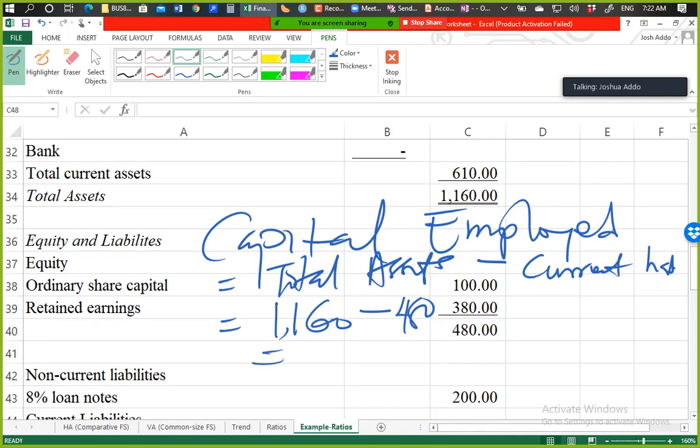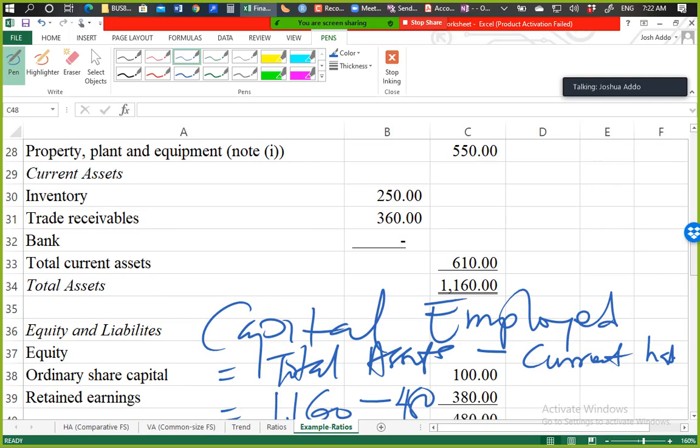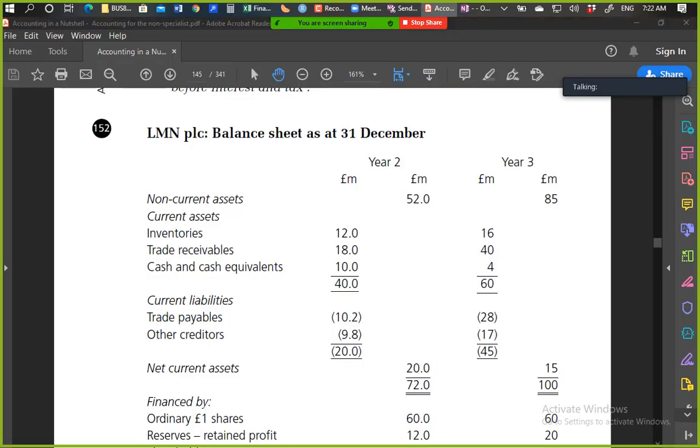680. Yes, sir. Good. So now we have all the parameters for the ROCE formula. Let's write it freshly here.